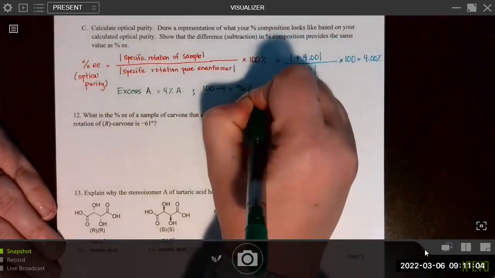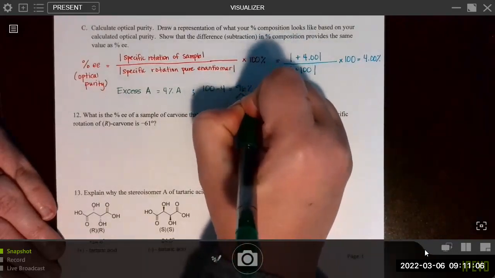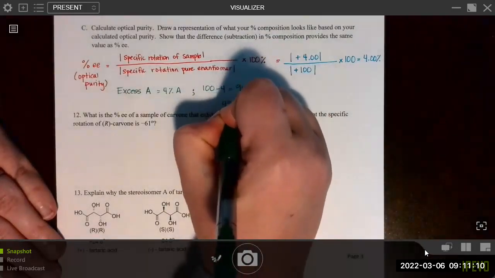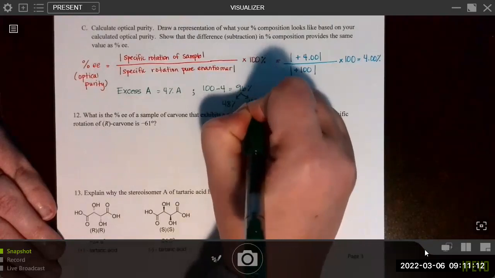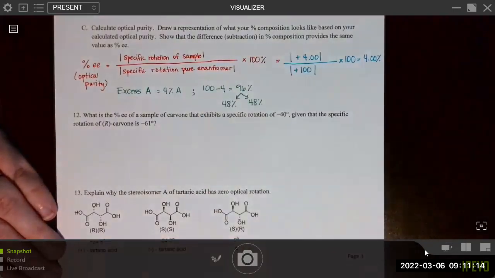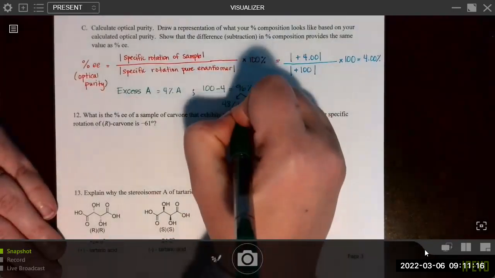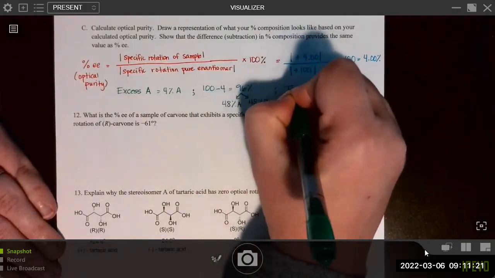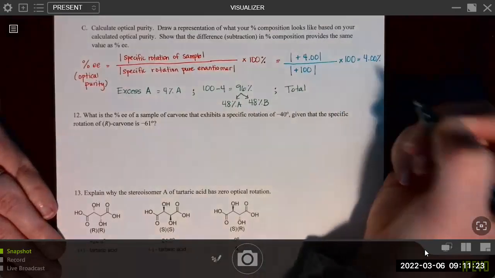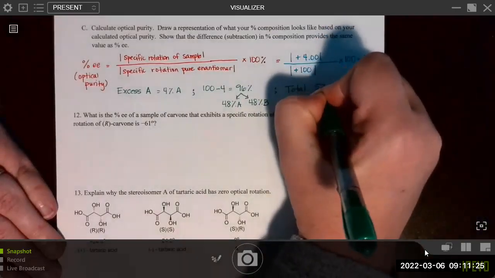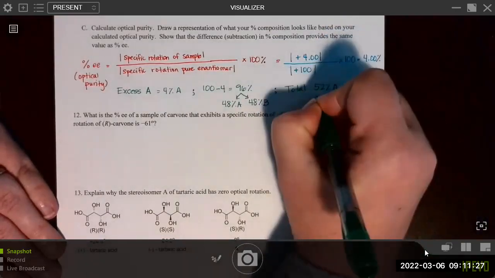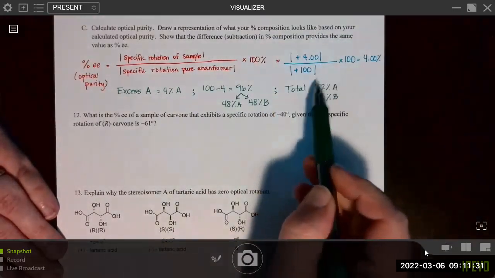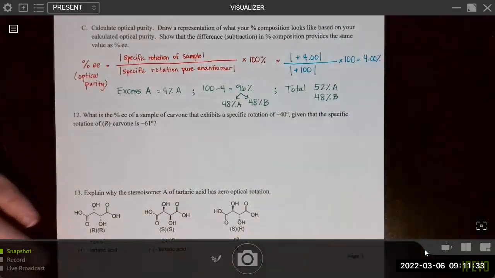We're going to split this in half to, let's see, 48 and 48. That will be 48% A and 48% B. So total, we have 52% A and 48% B. We really only have a small excess of A compared to B.